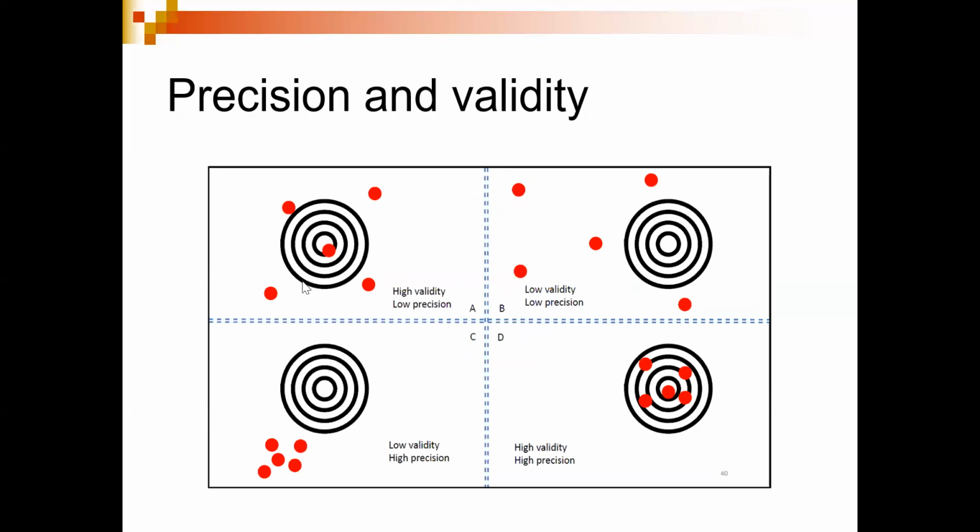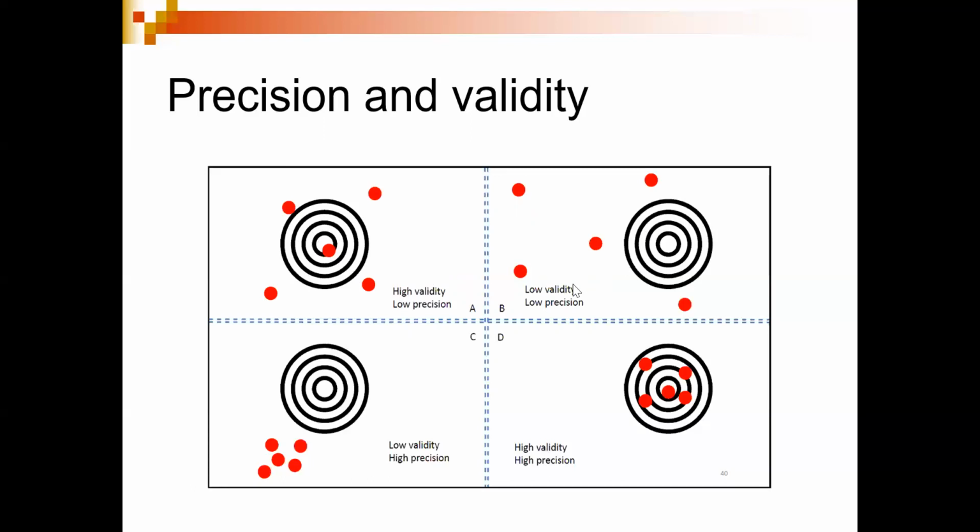If you take square number one, you want anything closer to the center. For this one, it's not precise, because your hits are far away, far away. But there is high validity. Why? Because at least you are hitting the center, which really shows validity.